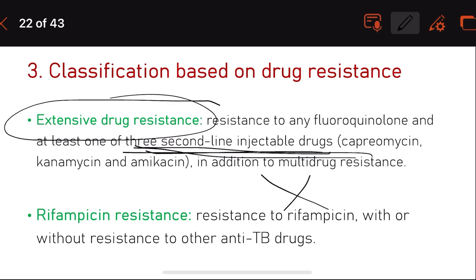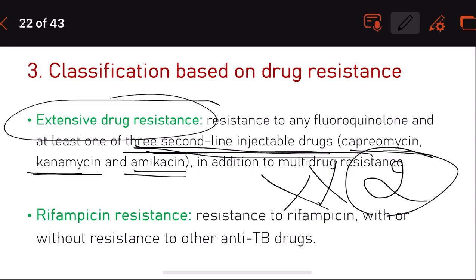So what are those second line injectable drugs? We have capreomycin, kanamycin, and amikacin. These are the second line injectable drugs, and these people are resistant to them along with the multidrug resistance.